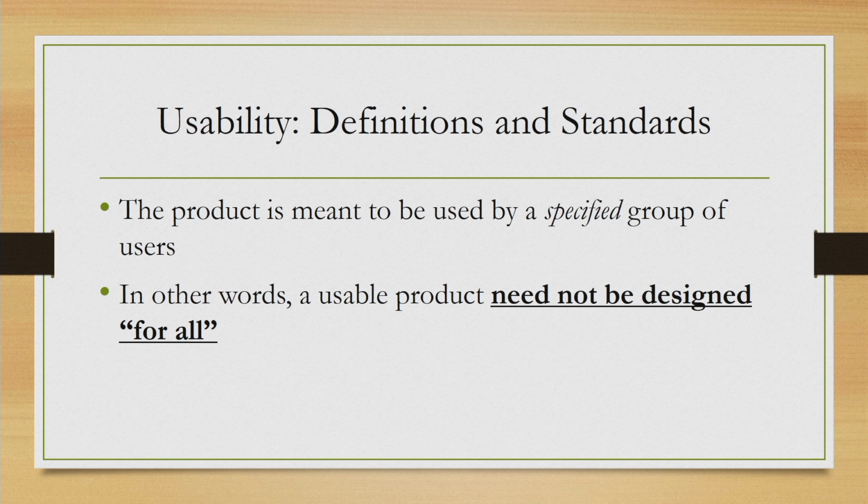So, when I say specified group of users, implicitly what I mean is that a usable product need not be designed for all. This is very important. So, when you are asked to design a user centric product, system or software, you should not assume that you can design it for everybody in this world. So, it should always have a specified group of users.